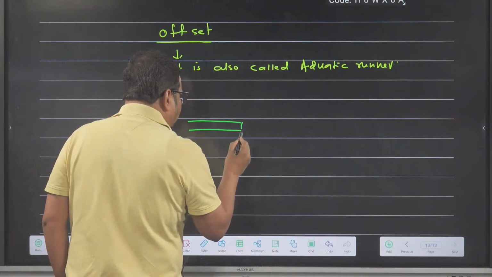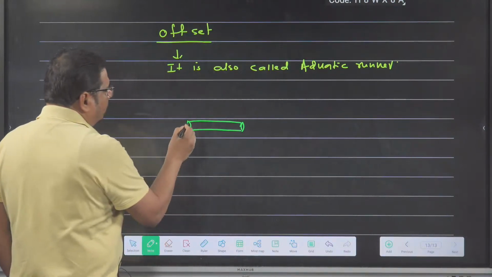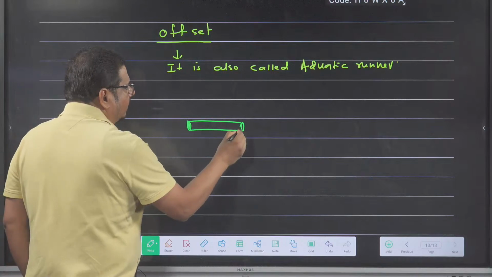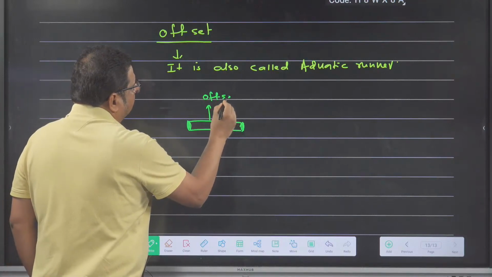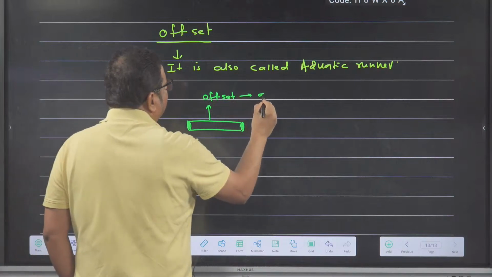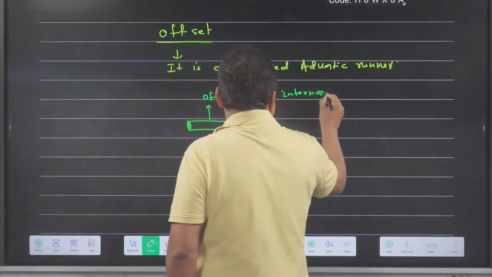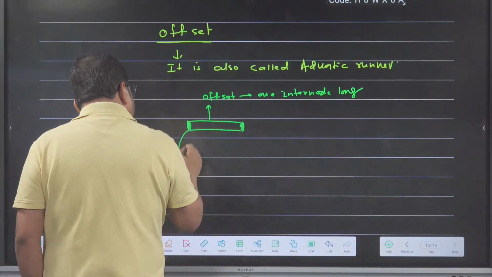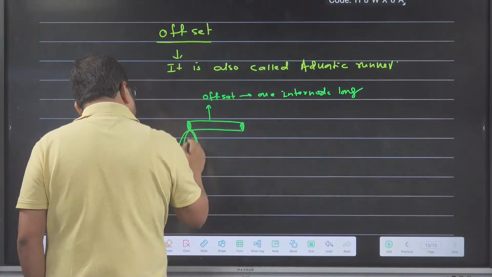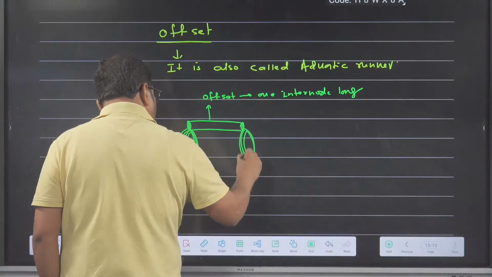Swollen because spongy tissue is there to store the water. This is node. So this is what basically offset is. It is one internode long. And from the nodes, tuft of root are there, like this in Pistia and Eichhornia.